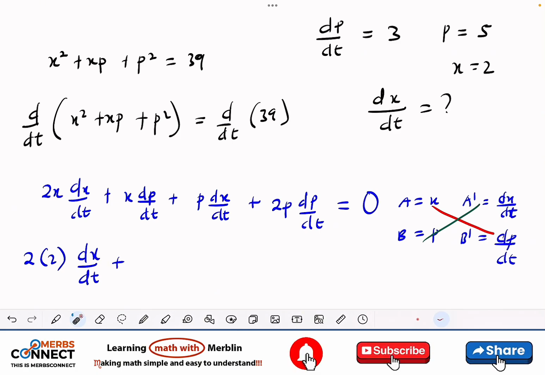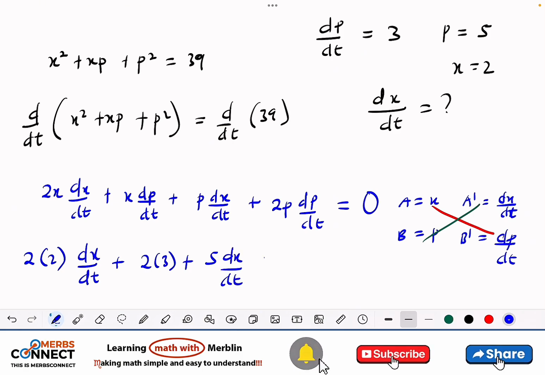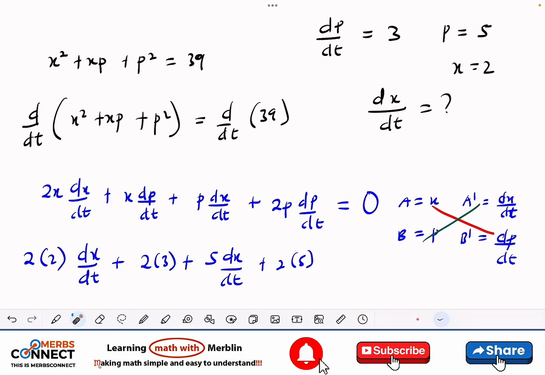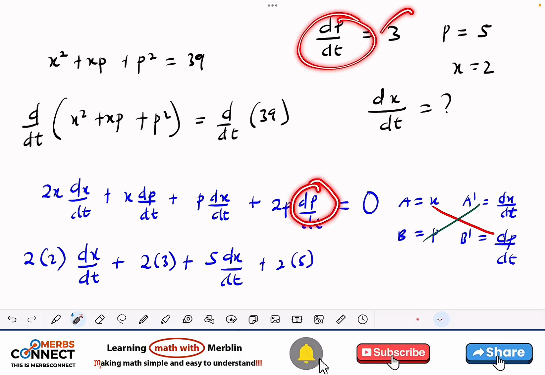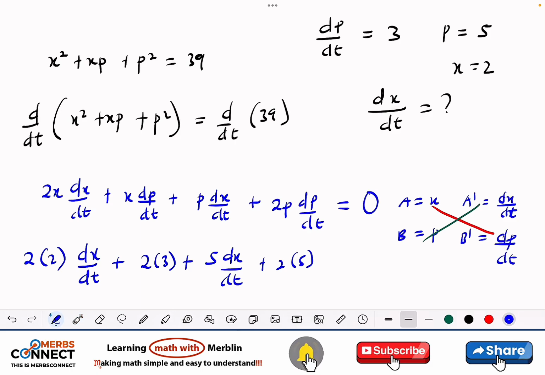And x is 2, dp/dt is 3, so I have 2 times 3, plus p is 5. I'm looking for dx/dt, so I can't get that one yet. Then 2 times p, which is 5, and dp/dt is 3, so times 3. This is equal to 0.